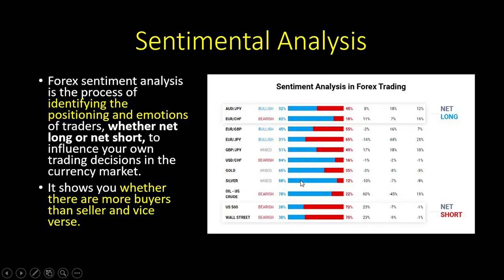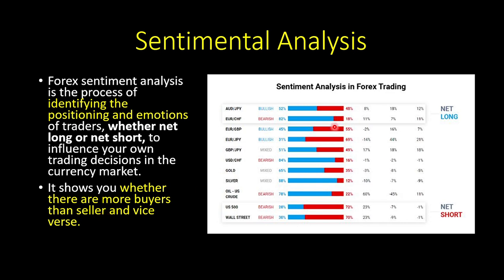Then we have sentimental analysis. Forex sentimental analysis is a process of identifying the position and emotions of traders, meaning whether they are net long or net short. It shows you whether there are more buyers than sellers and vice versa.